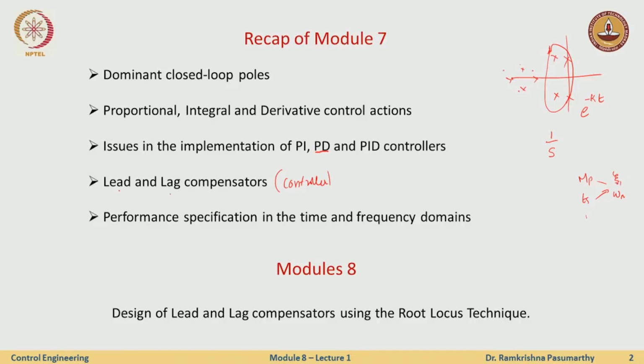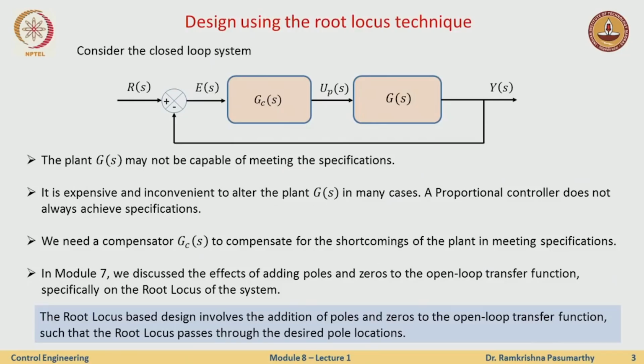We see how these are related both in the time domain and the frequency domain. There is a direct one-to-one relationship between the phase margin and the damping coefficient. So here we will see explicitly how we construct these lead and lag compensators, and the tool we will use for our analysis is the root locus technique. We will make use of the root locus plots which we learned to design lead and lag compensators to meet a certain performance specification.